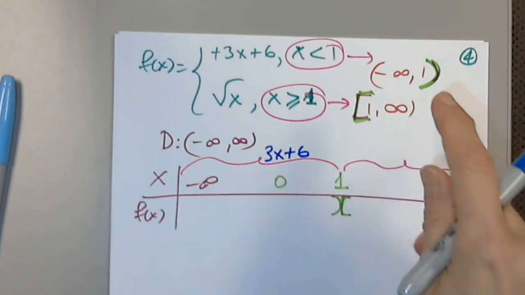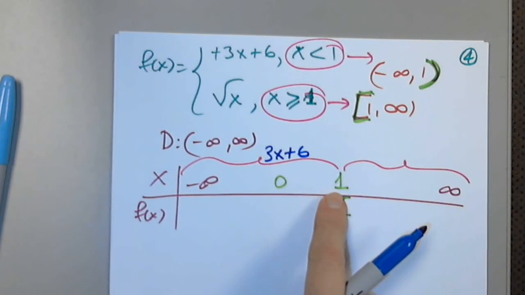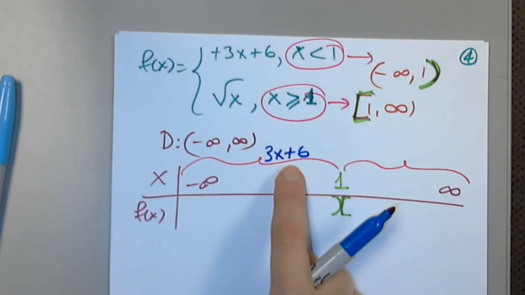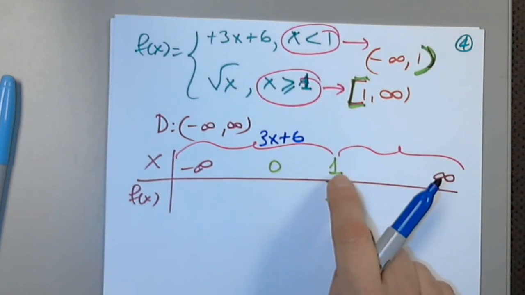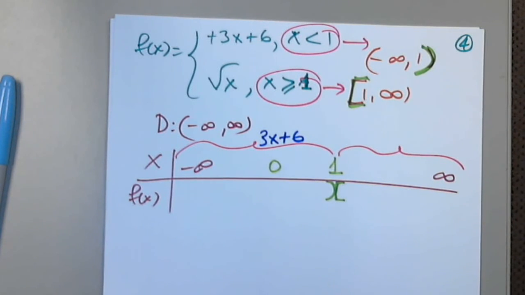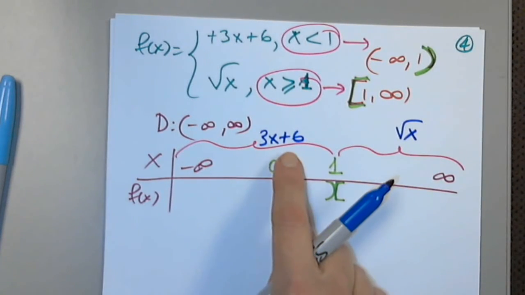Indeed, 3x plus 6, because negative infinity to 1 is specifically made for 3x plus 6. Perfect. Although this is clear now, can anyone say between 1 and infinity, which function do I use? Very good. Square root of x. What type of function is this?